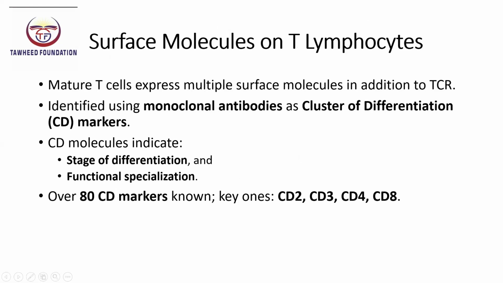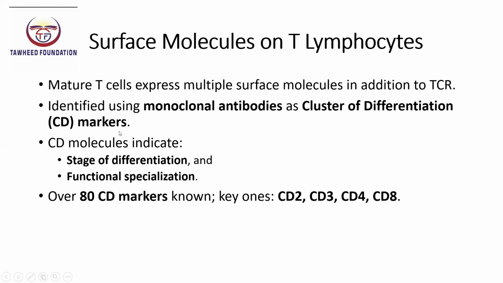Next is surface molecules on T lymphocytes. Mature T cells express a variety of surface molecules in addition to TCRs. These molecules are identified using monoclonal antibodies and are classified as cluster of differentiation, CD, markers.